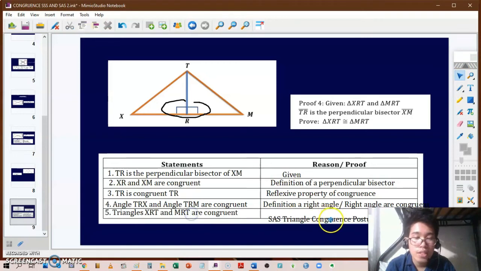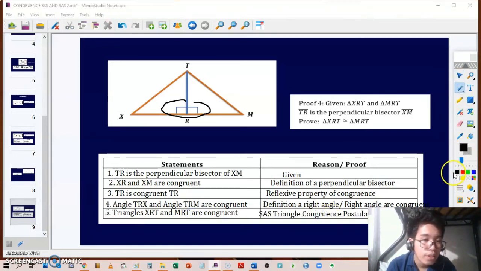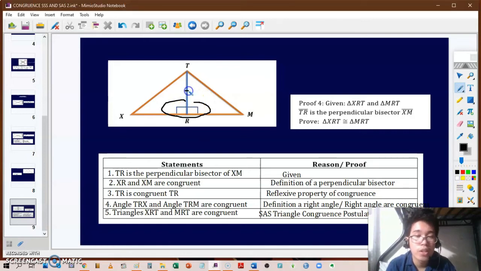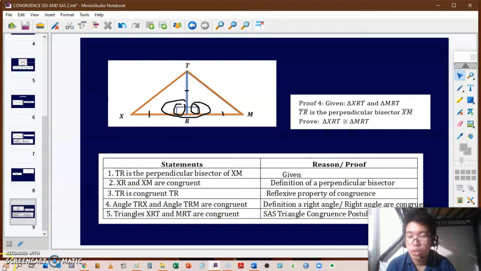Because we've already stated that TR is congruent to itself based on the reflexive property, and XR and RM are congruent because that's the perpendicular bisector. And the included angles are congruent. Therefore, based on the SAS triangle congruence postulate, triangles XRT and MRT are congruent.